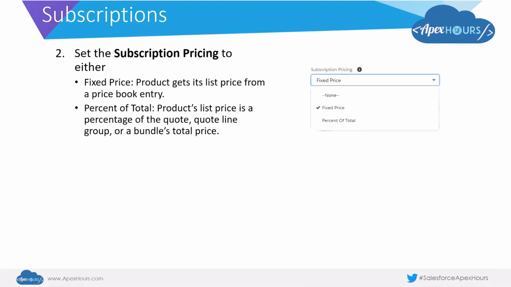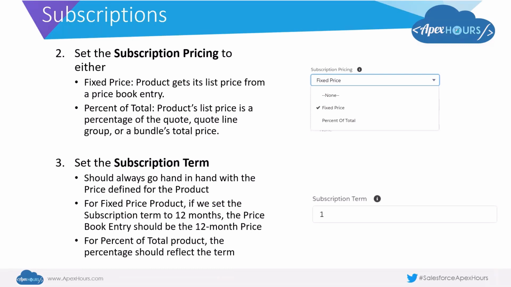So the second thing to set up is subscription pricing. This should be set to either fixed price or percent of total. When you say fixed price, the product gets its list price from the price book entry. When you say percent of total, the product's list price is a percentage of the quote, a quote line group, or a bundle's total price.